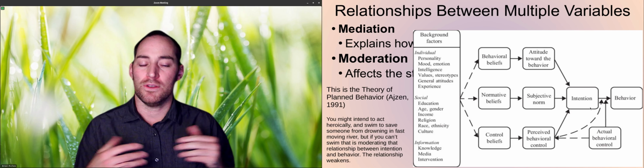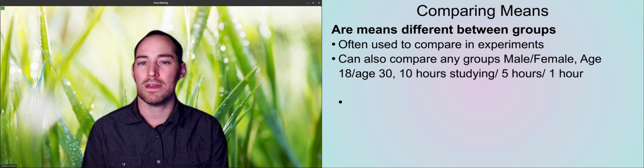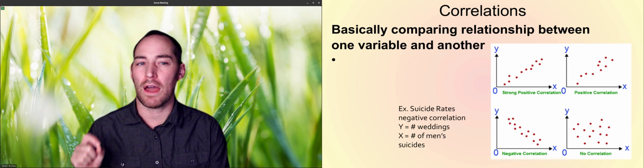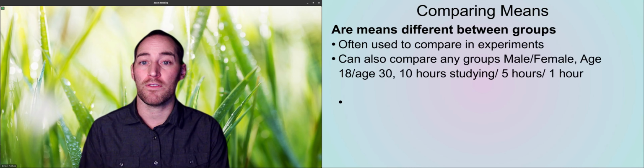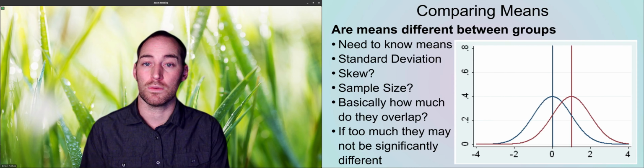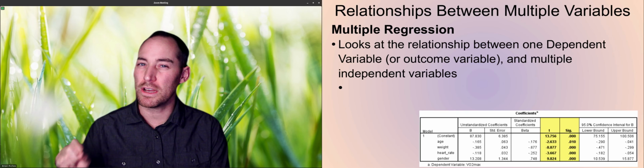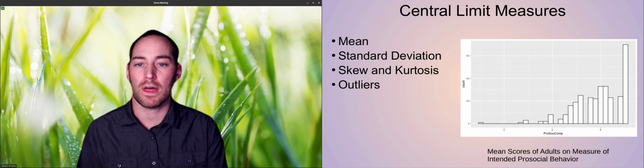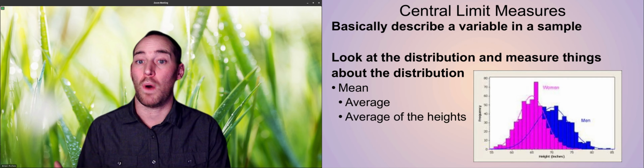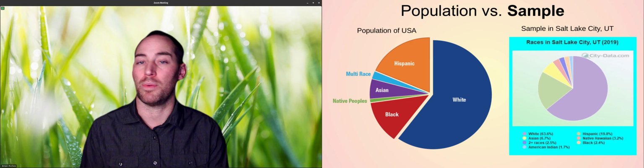So again, you don't need to be worried about doing the math on these things. Hopefully you have a better understanding of correlations after this discussion. Hopefully you have a better understanding of comparing means after this discussion. You understand multiple regression a little bit more, and you know the difference between a sample and a population, and then why we try to infer from a sample relevant to a population.